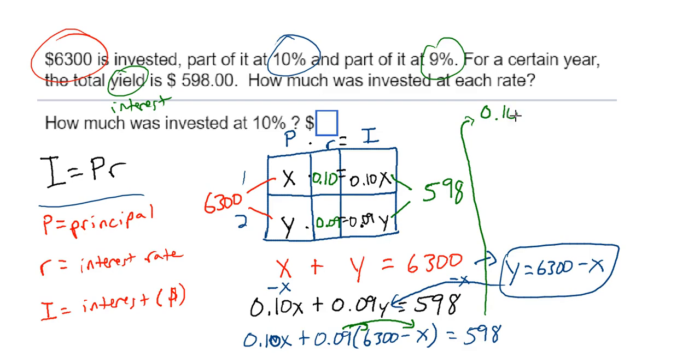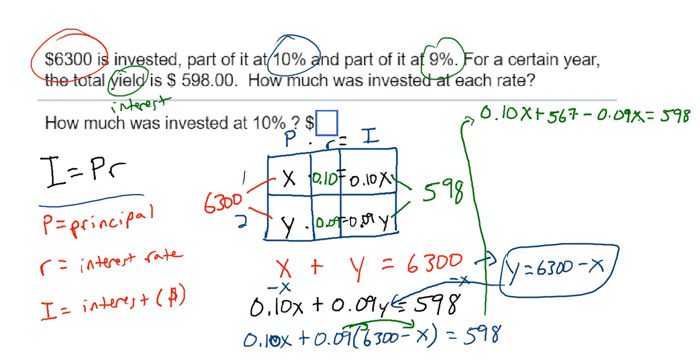We get 0.10x plus, let's do this in our calculator, 0.09 times 6,300 is 567, minus 0.09x equals 598.